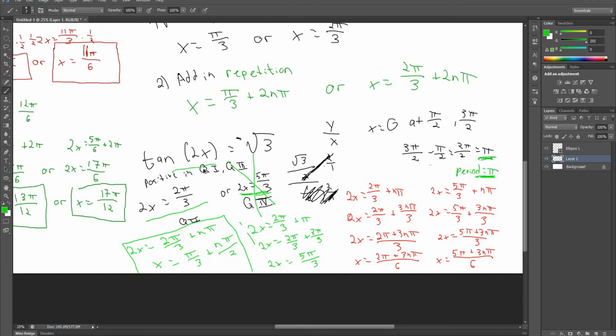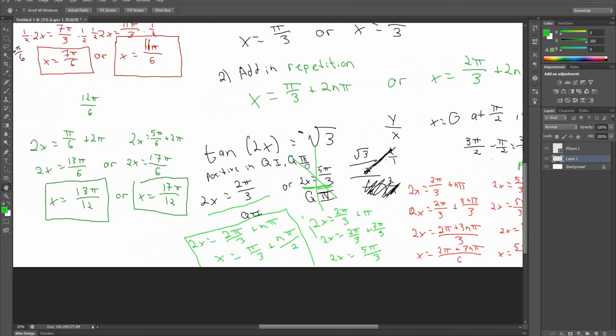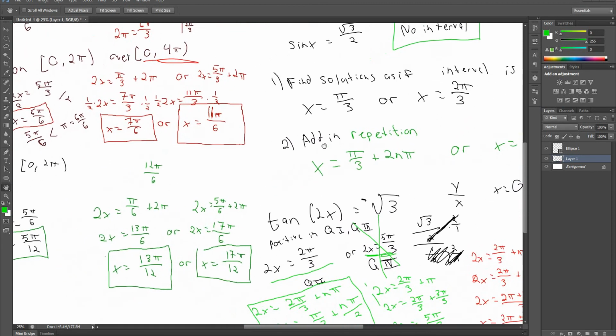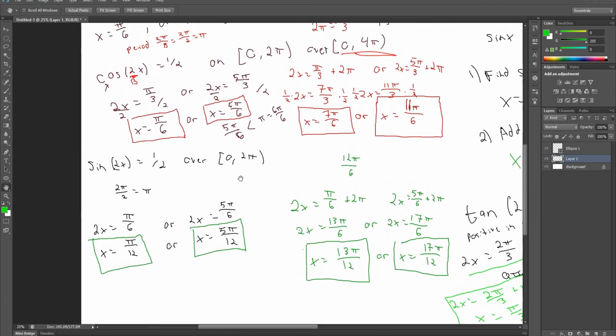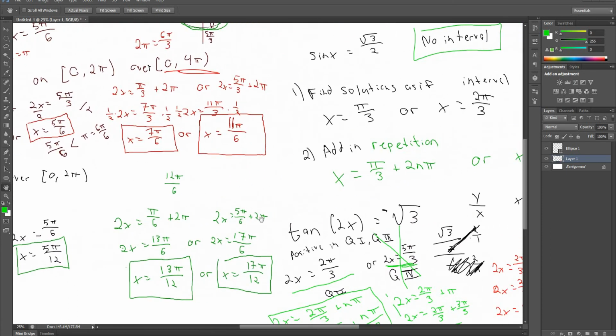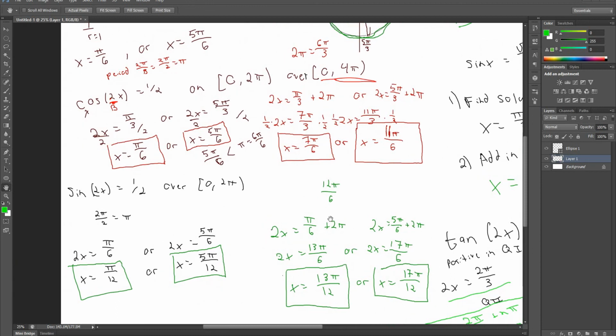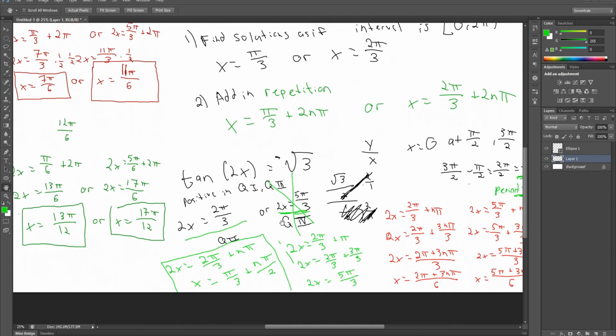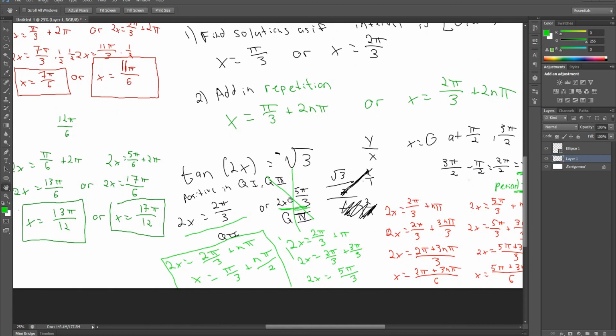This is different from the sine and cosine example because over here we had sine of 2x equals a half, and then we actually had 4 solutions. Well, this is different because our period for sine is 2 pi. Our period for tangent is just pi. So we're going to have fewer solutions for tangent.